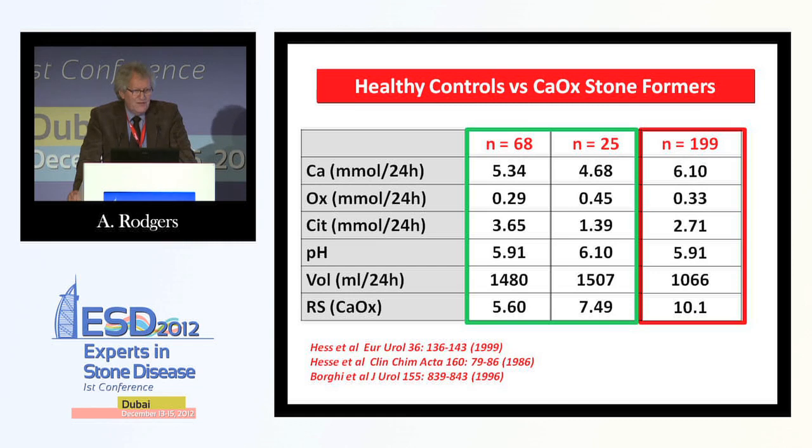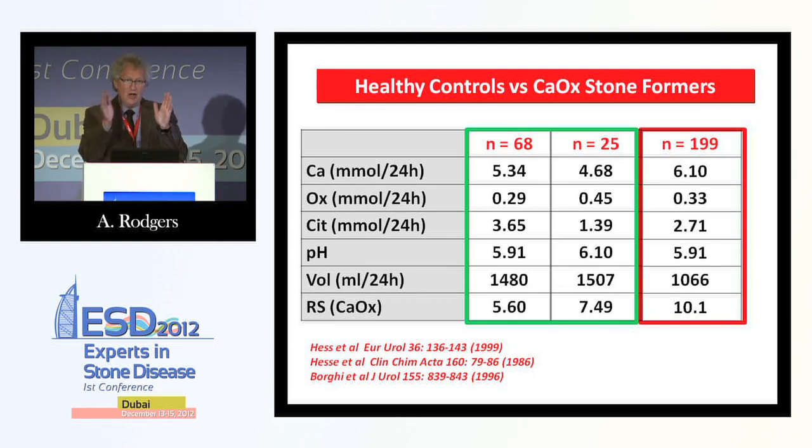You wouldn't be overly confident in making that prediction, because some of the parameters might indicate a stone former and others not. However, if I show you these published literature values, now you might say that this second group is the stone formers, and your reasoning would be because certain of the risk factors, and certainly the last one, the relative saturation, is higher.